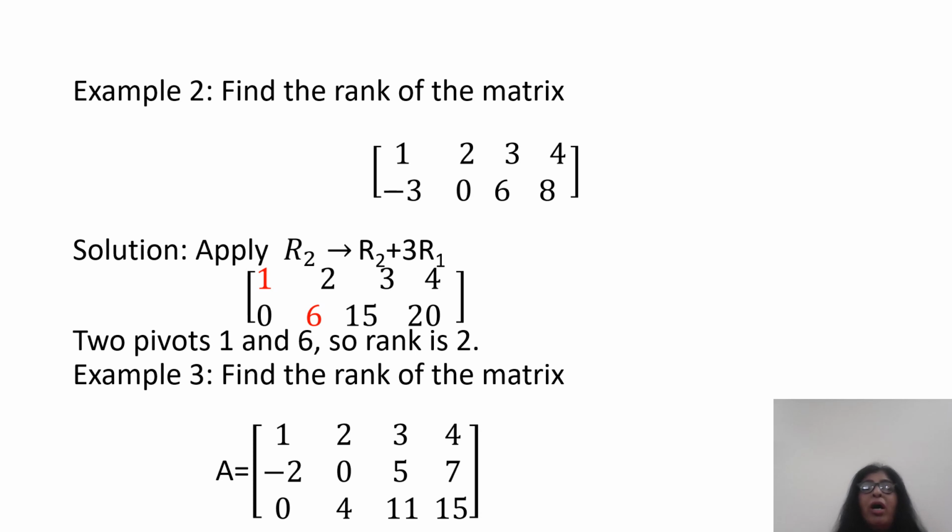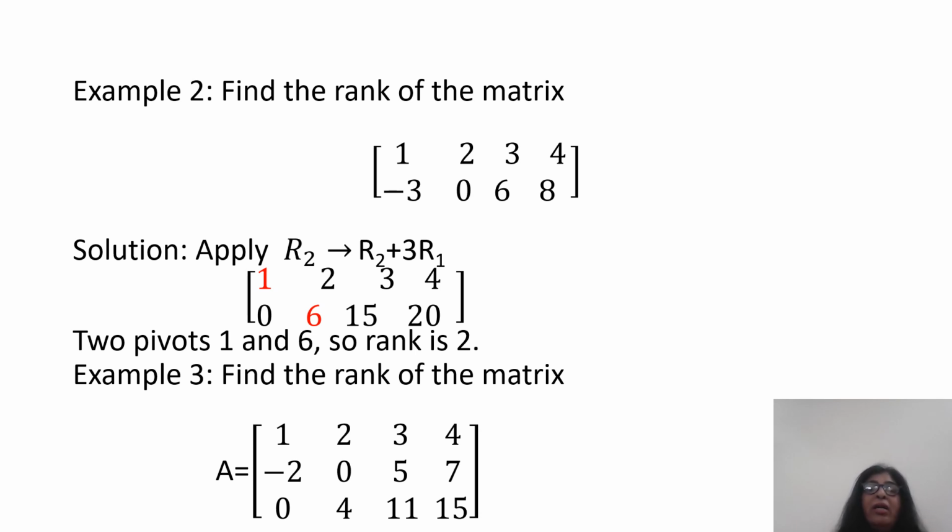So I will try to make -3 as 0. Which operation will I apply? I will apply R2 plus 3R1, meaning the entries of R1 get multiplied with 3 and added to R2.